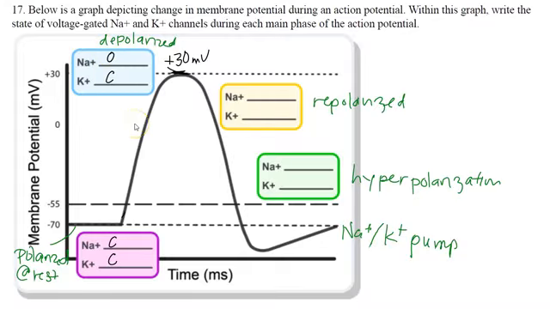Now, at that 30 millivolts, that's going to trigger the closing of the sodium voltage-gated channel and the opening of the potassium voltage-gated channel. So once you reach that point, the sodium voltage-gated channel is going to close, and the potassium is going to be open. And this makes sense because we see a repolarization back to the resting membrane potential.